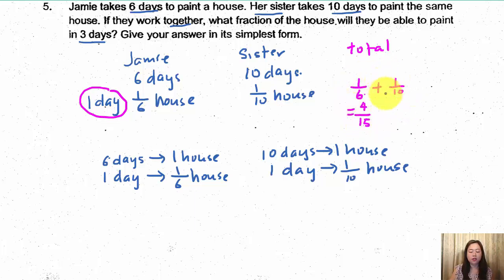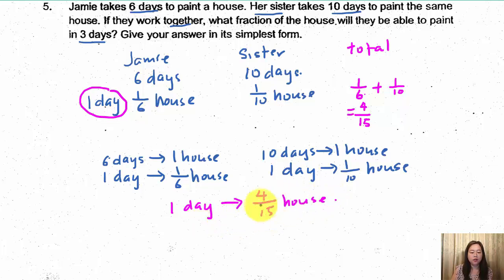This is a calculator question, so I will not explain how I get 4/15. So, in 1 day, when they combine effort, they can do 4/15 of the house.